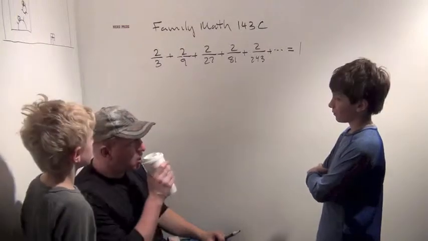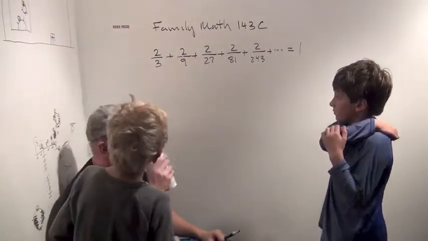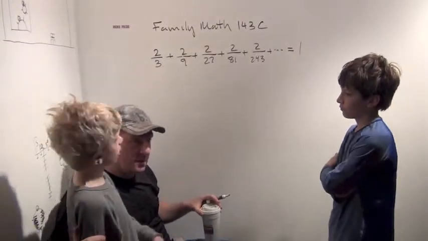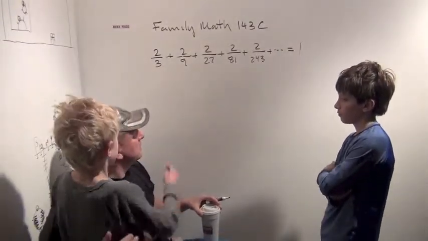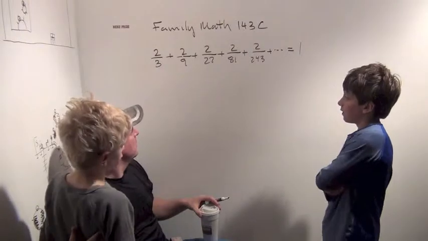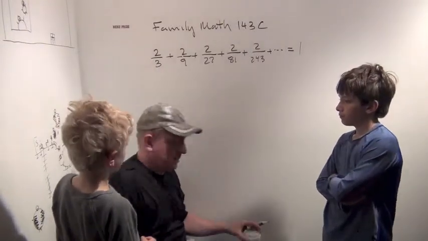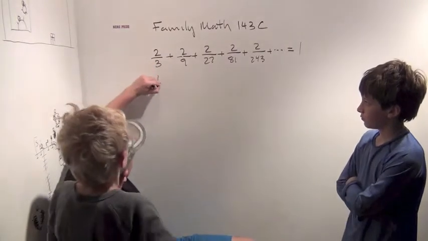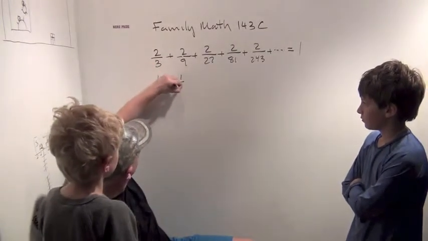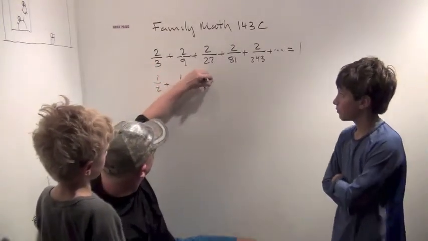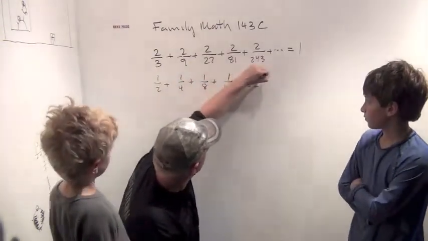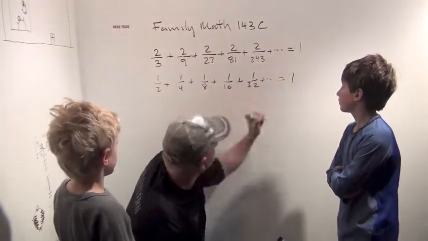Well, we also know that 1/2 plus 1/4 plus 1/8 plus 1/16 equals 1 too. Oh, okay, awesome. So 1/2 plus 1/4 plus 1/8 plus 1/16 plus 1/32 and so on equals 1. That's something else we know.